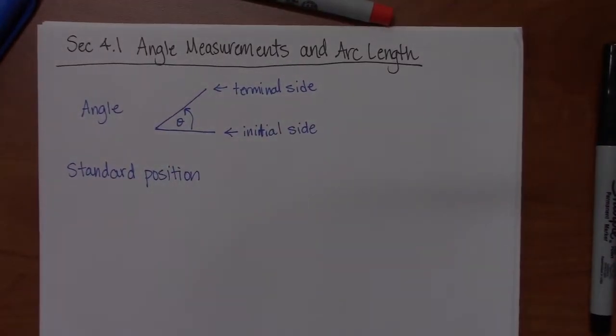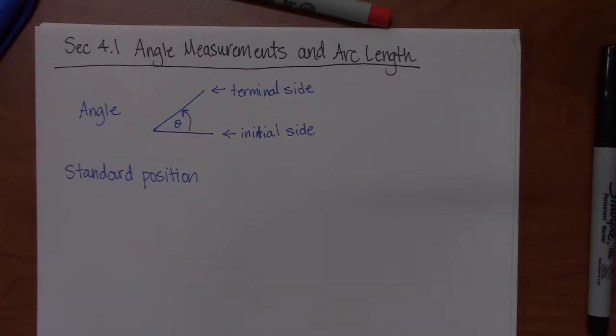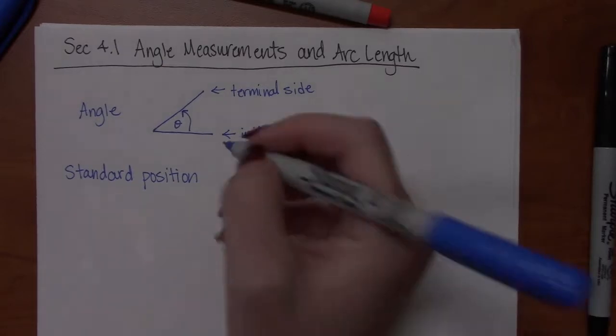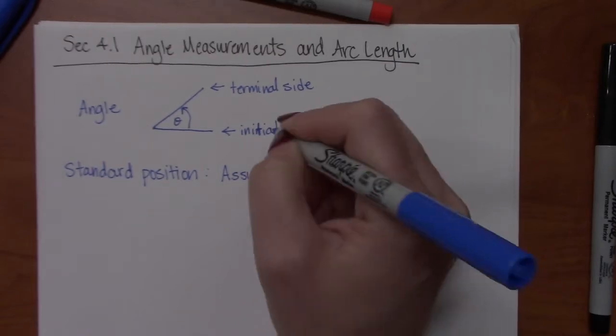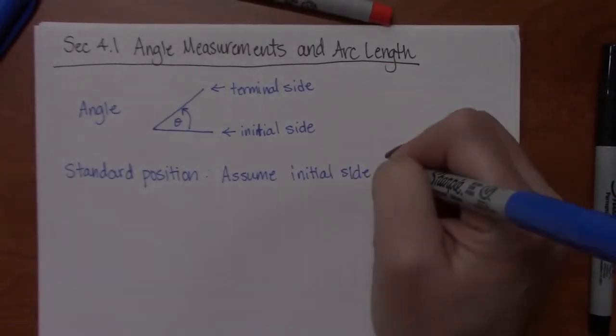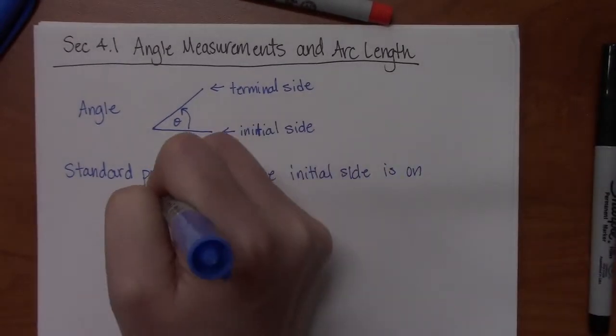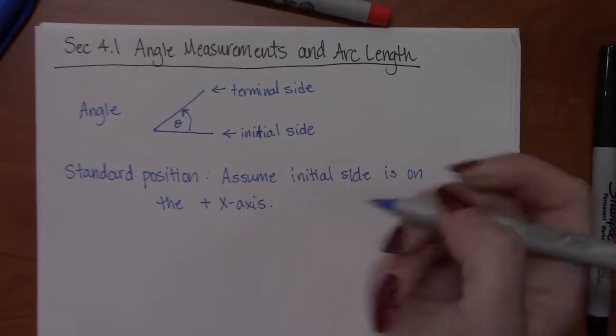So if we're doing a word problem and we have some kind of geometric shape, there'll be some reference in the problem or on the diagram to what particular angle they want you to look at. But in general terms, if we talk about an angle from standard position, we always assume that the initial side, this initial side right here, is on the positive x-axis.